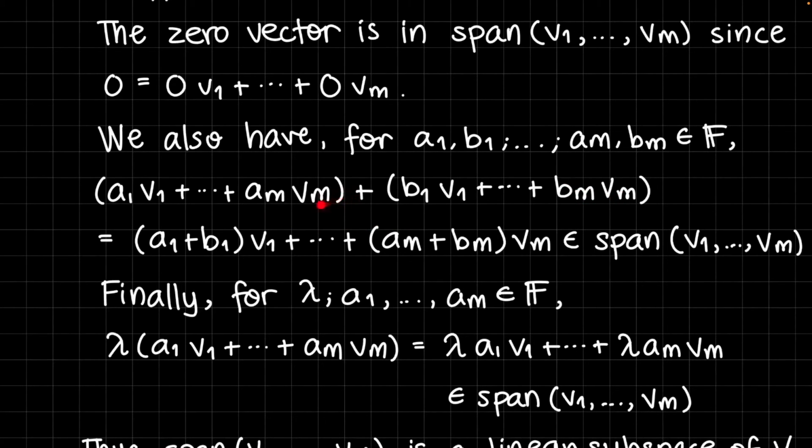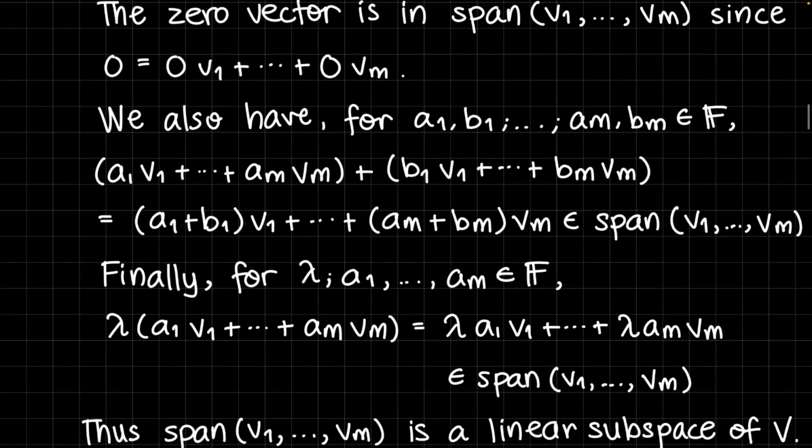When you add them up, you can use the associativity property to club all these coefficients of v1. So you have (a1 plus b1) v1 plus dot dot dot, do all of the same for the rest of them. So we have (am plus bm) vm for the last one.